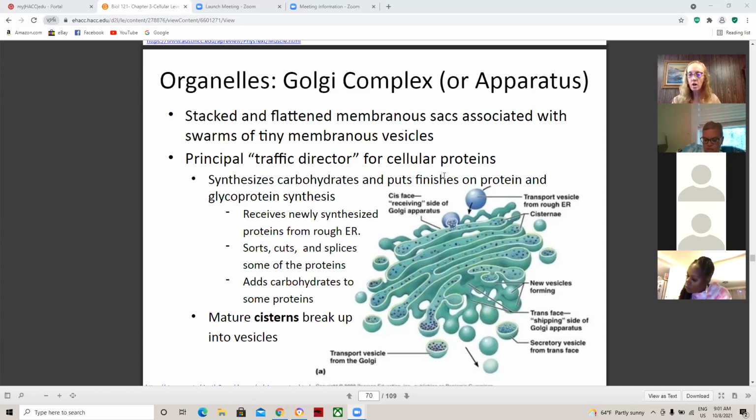It could be your traffic director or your postal service for the cell. It synthesizes carbohydrates and puts finishing touches on the proteins in glycoprotein synthesis. One thing we should say here is that it receives all new proteins from the rough ER.